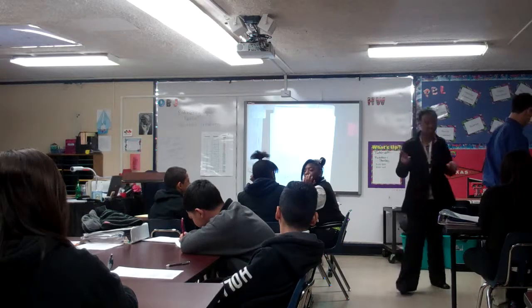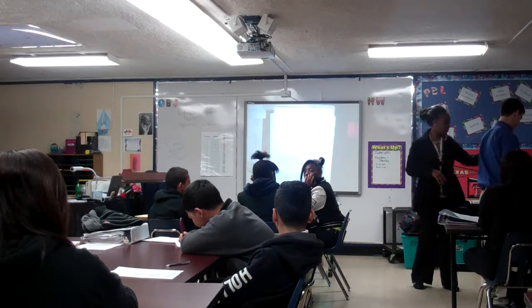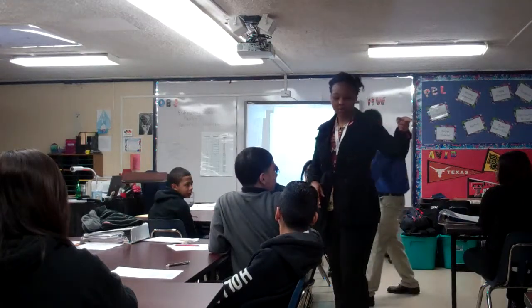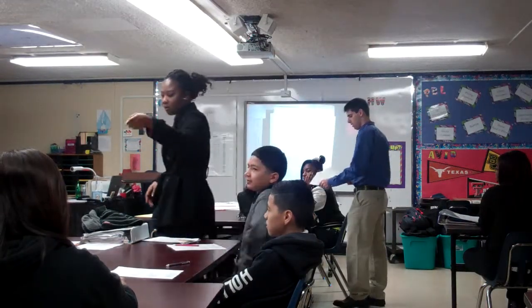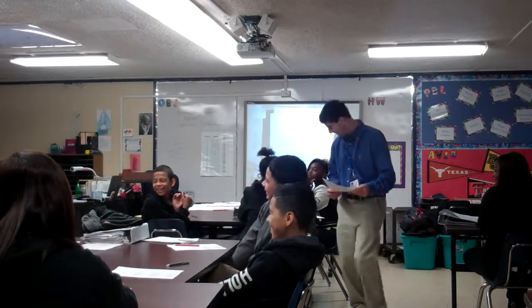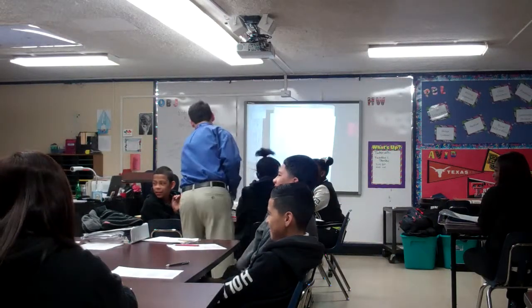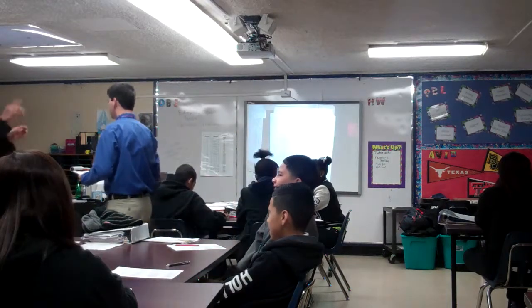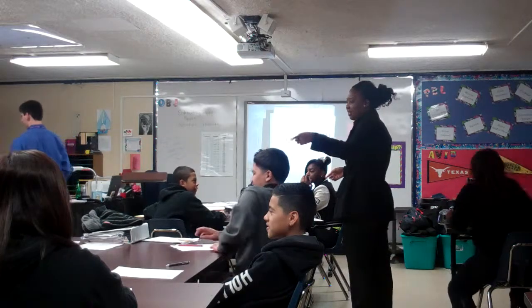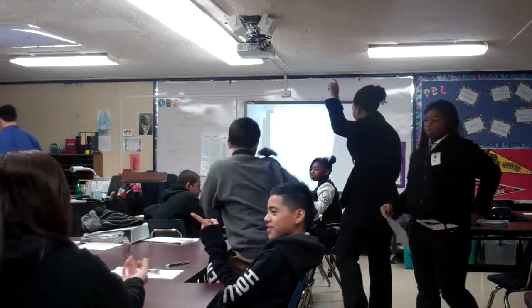I'm so sorry. We need to count to 7. 1, 2, 3, 4, 5, 6, 7. Okay, I need the 1s here, 2s here, 3s here, 4s here, 5, 6, and 7.